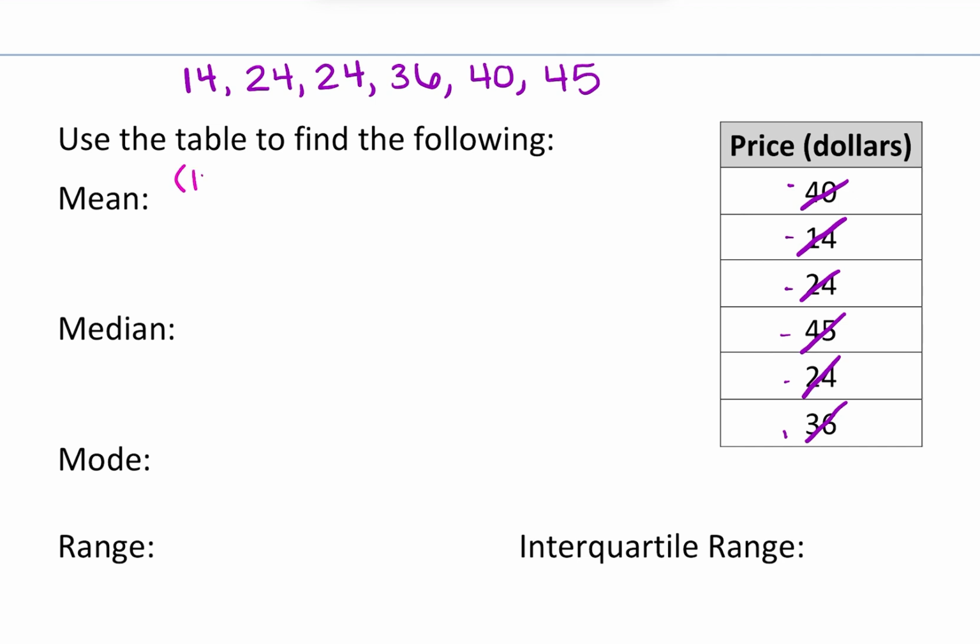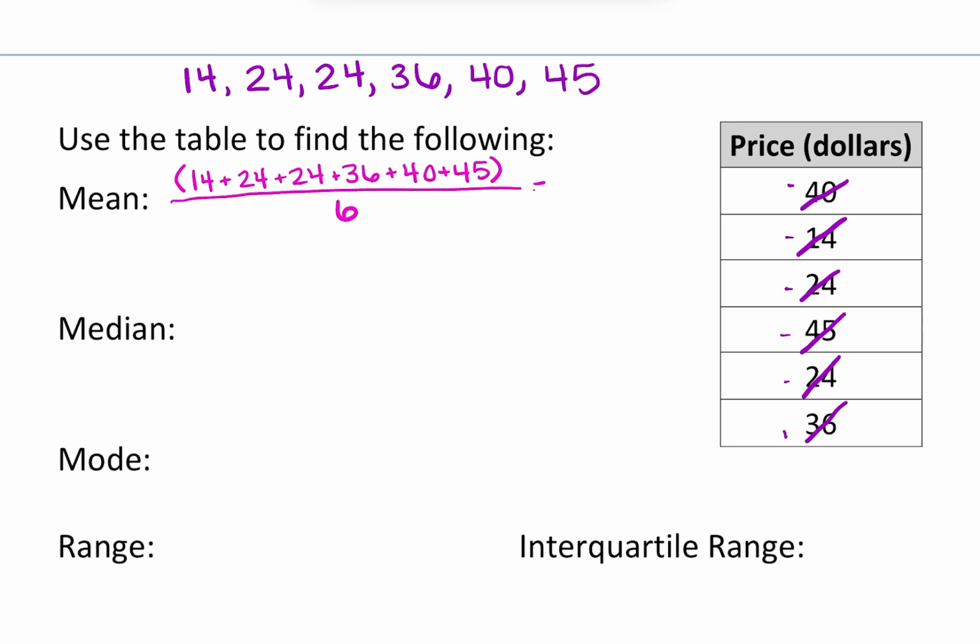So to write that mathematically, I would write 14 plus 24 plus 24 plus 36 plus 40 plus 45. And then I would divide that by the amount of numbers I have. I have 1, 2, 3, 4, 5, 6. So I would divide by 6.